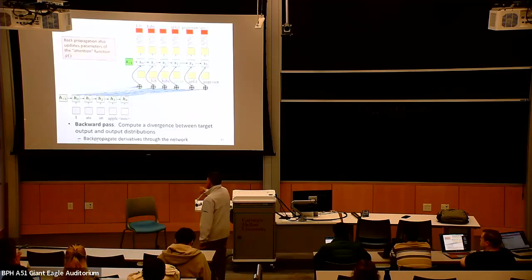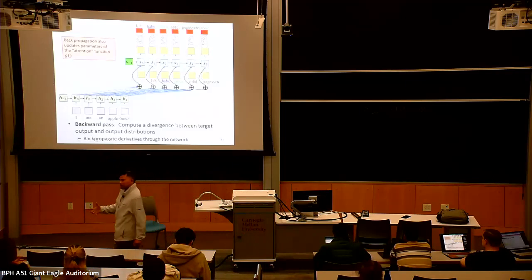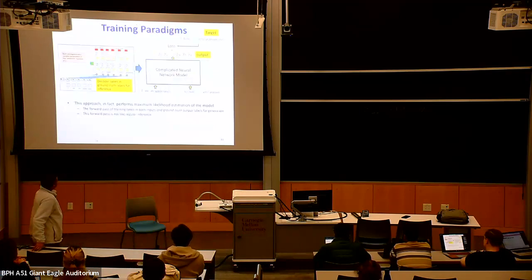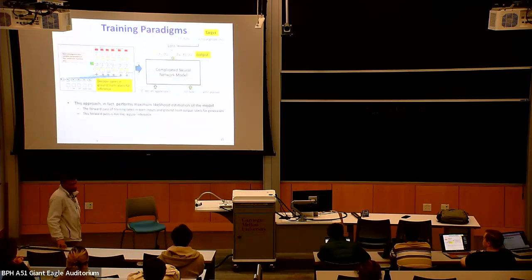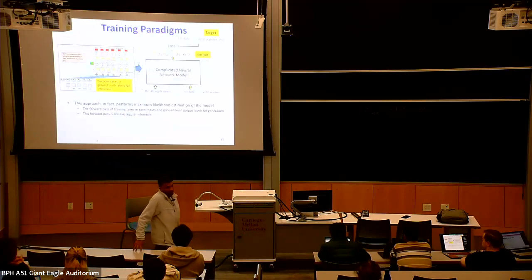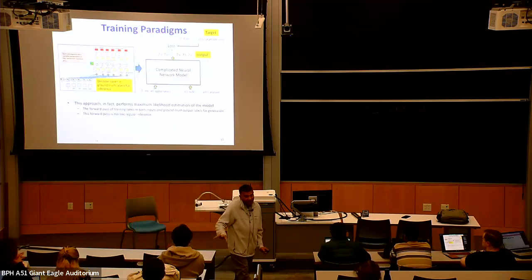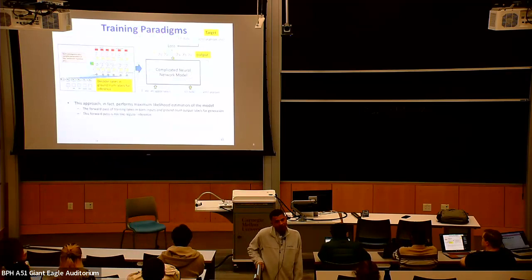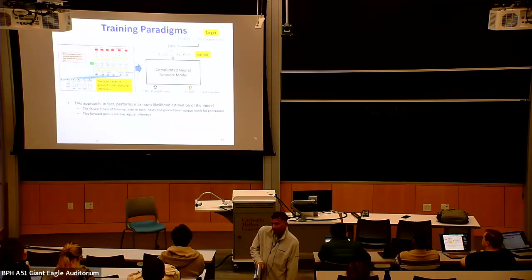In the process, if you have some function G, which could be a matrix product, then the parameters of G are also going to be updated, right? So this approach basically performs maximum likelihood estimation of the model. And that's because you're treating this as a conditioned language model, right? And it kind of makes sense. If I think of it as a conditioned language model, it makes complete sense.